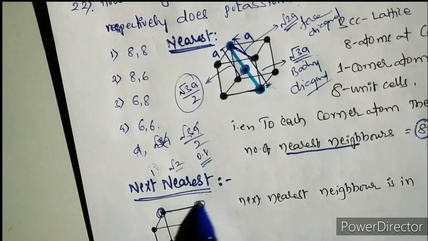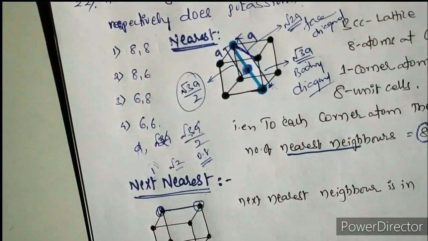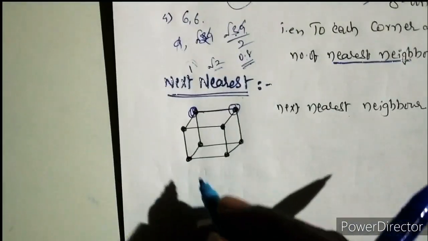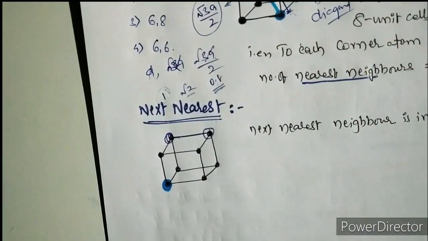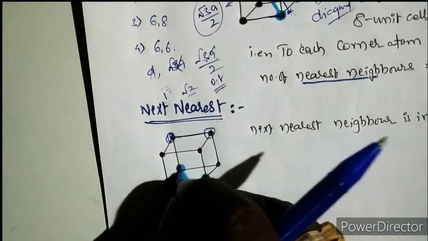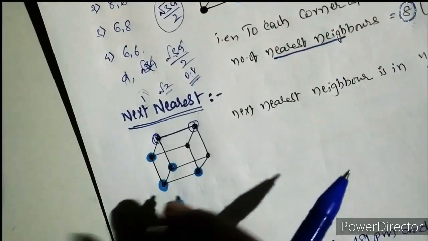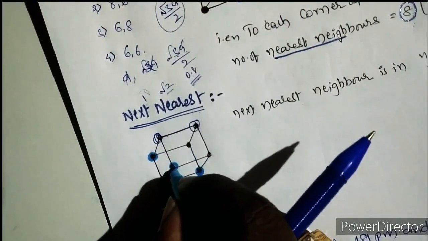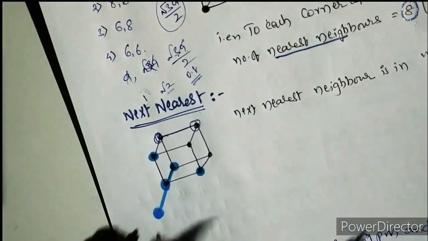Suppose I am finding the next-to-nearest atoms. I am taking this atom as the standard atom for comparison. The next-to-nearest atoms are at this distance: this one, this one, this one. In the adjacent unit cell, if you extend this, you will get another atom at the corner of the next unit cell.